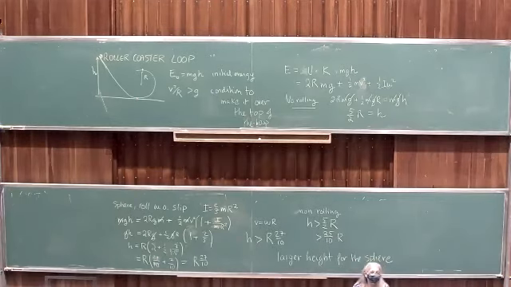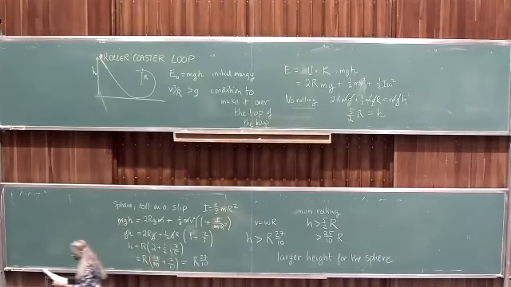Only now we've got this additional degree of freedom, which is the rotation, and so you have to take it into account with the energy. So that's basically what we've done so far. And the main thing that you need to calculate is this moment of inertia. So our next topic is angular momentum.